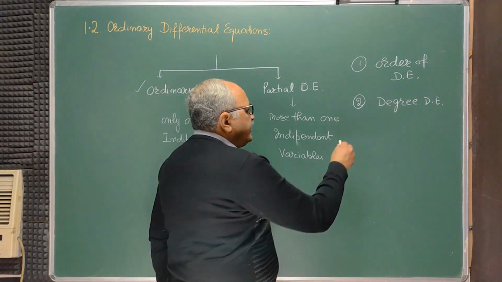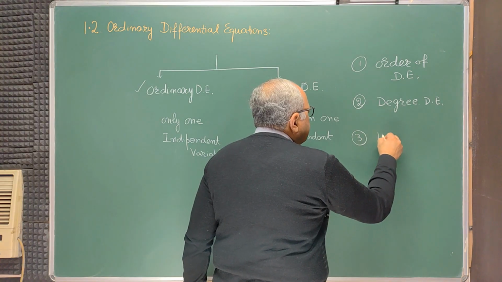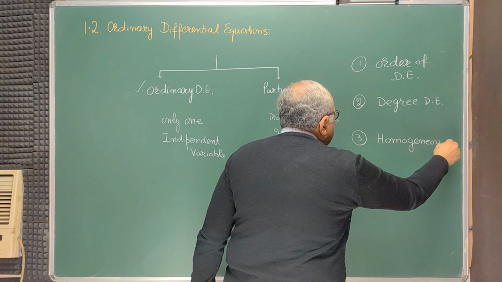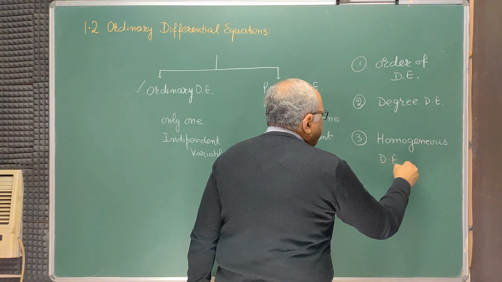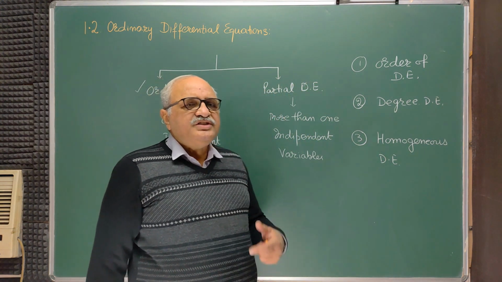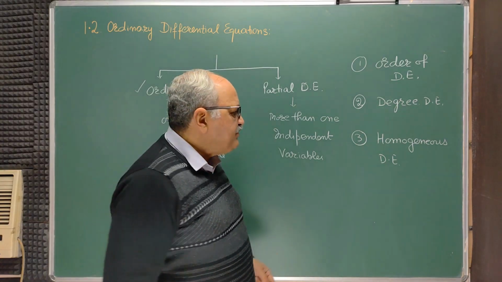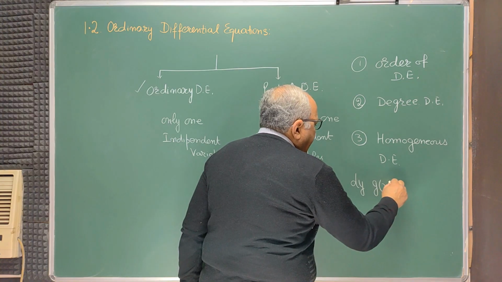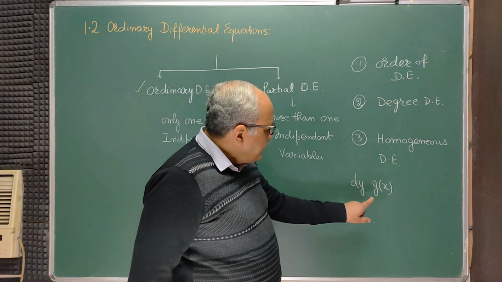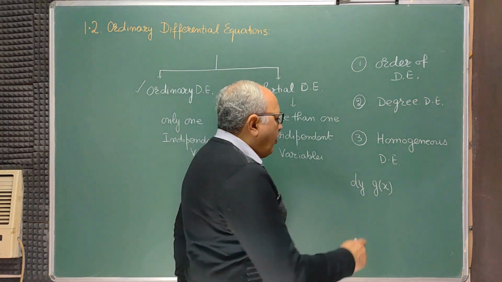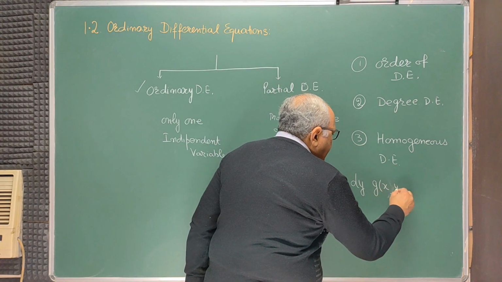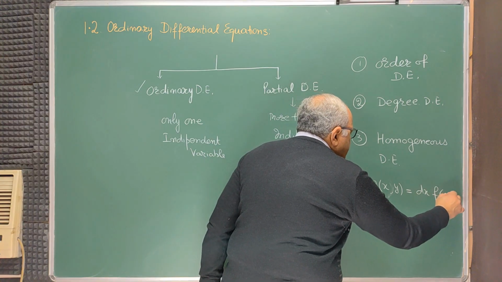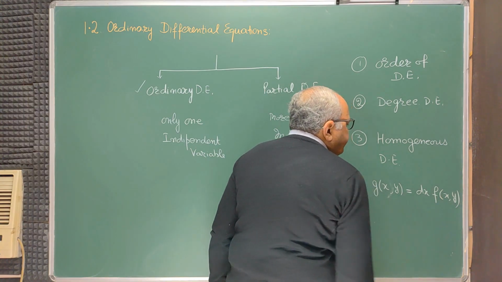The third important term is homogeneous differential equation. Any homogeneous differential equation must have the form dy, the function of, say, x, that is the independent variable, or maybe the dependent variable y, can be written as dx, another function of x and y.